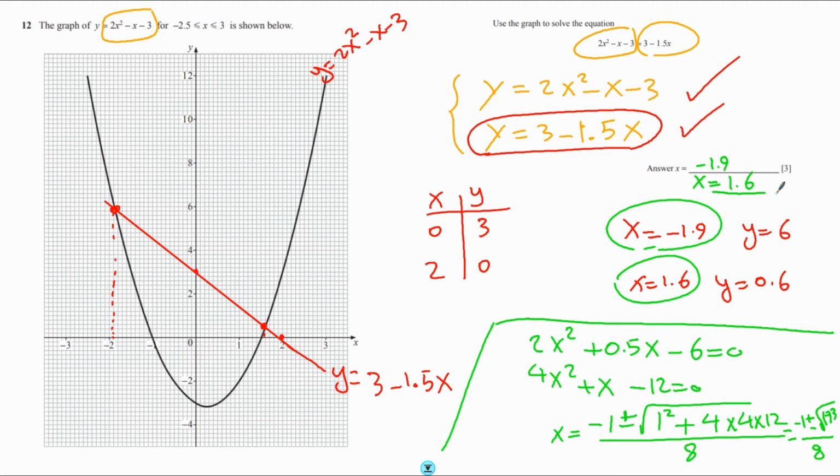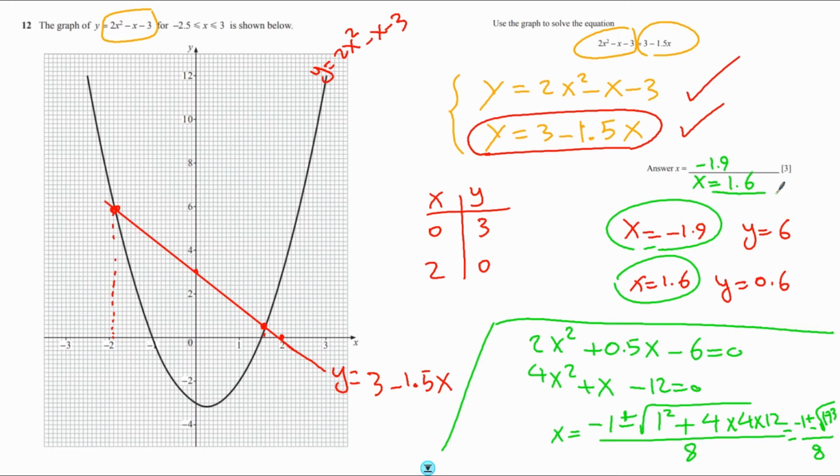So that is a good estimation, and shows that we have done really good lines in here. We have our drawing to a scale, and that is important to get better accuracy in graphical methods. So I would leave the next one to you. If you do minus 1 minus the square root of 193, divided by 8, you should get somewhere around minus 1.9.